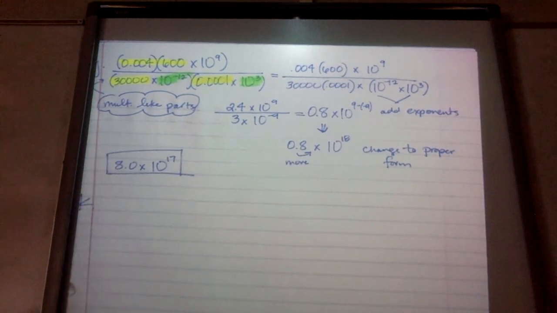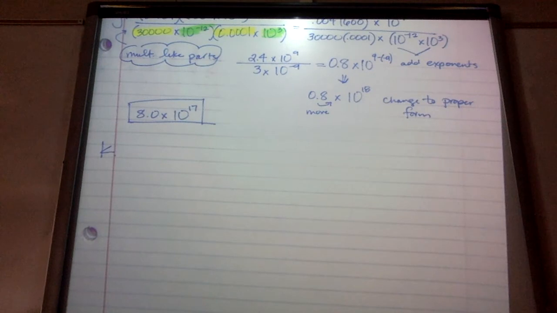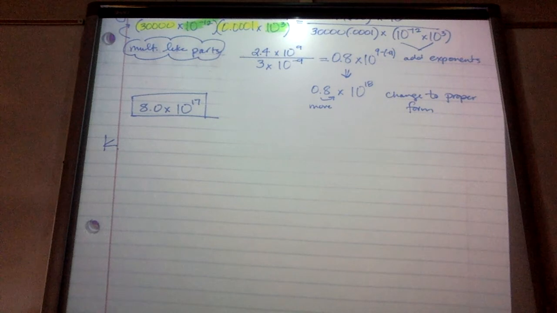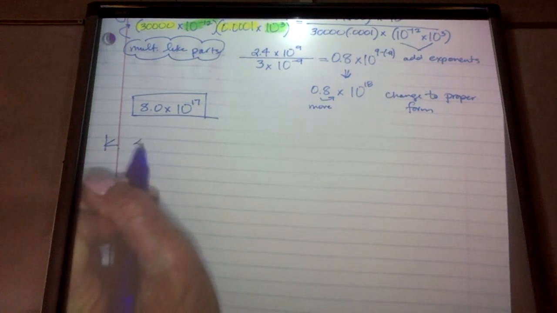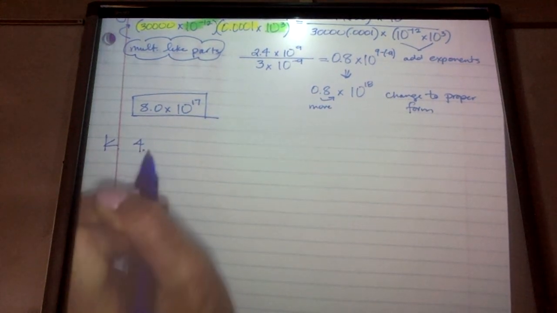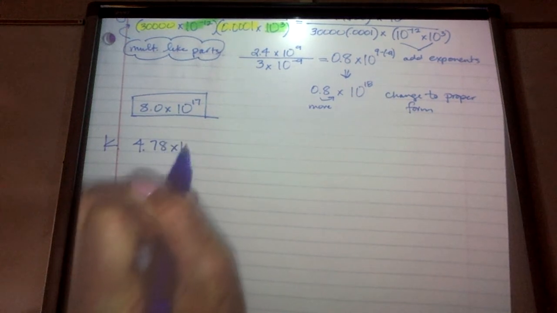Now, K is very similar. And so if you want to pause the video, I can set it up for you, and then you can go from there. So it says the United States population, and it gives you in 1 year how much garbage we produced. And they wanted to know how much garbage per person. So I would take the total amount of garbage, which they told me is 4.78 times 10 to the 11.